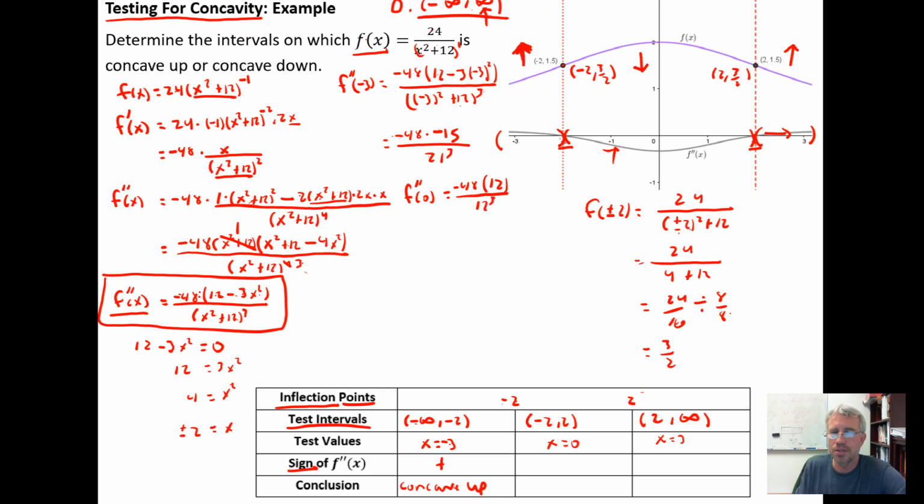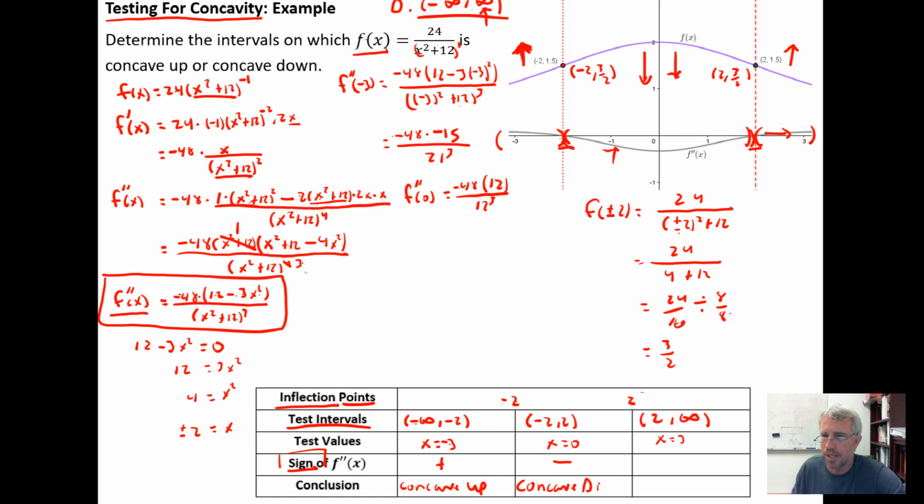So 0 is easy to evaluate, and now I have enough information to determine the sign of the second derivative, because I have a negative times a positive divided by a positive. Negative times positive is negative. Negative divided by positive is negative, so the second derivative is negative. So I'm concluding that my graph on the interval from negative 2 to 2 is concave down because the second derivative is negative.